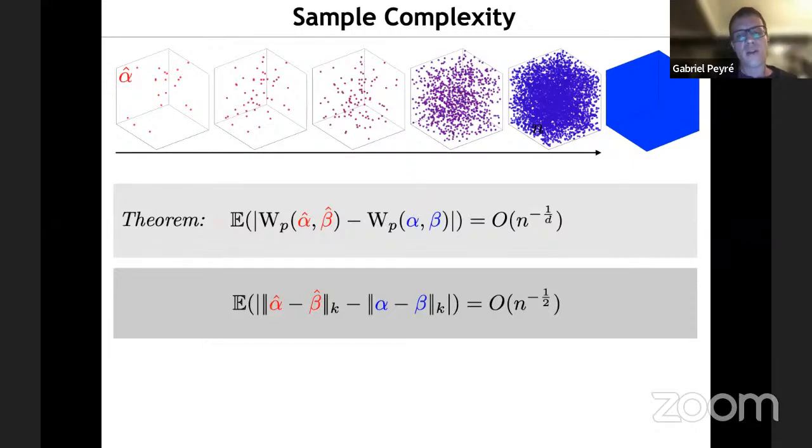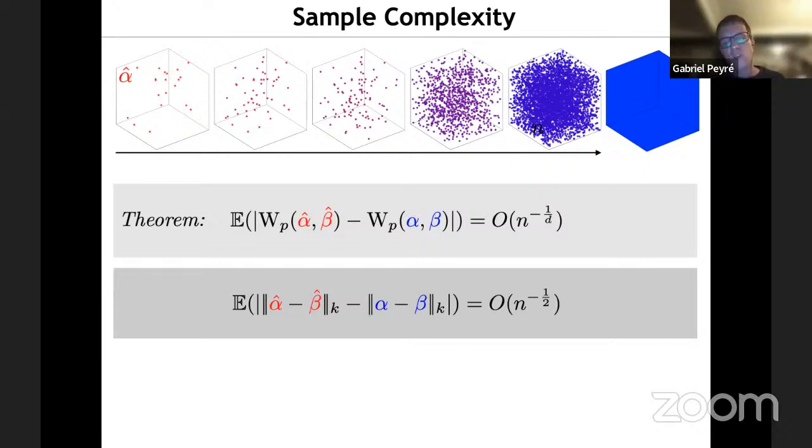In most problems, instead of having direct access to alpha and beta, unless you are in 1D or 2D, you never have access to the true distribution; you get access to some kind of sample. The easiest way is to assume that you have access to independent, identically distributed samples, alpha hat and beta hat, of n samples. You might question what is the error you make in just estimating the Wasserstein distance.